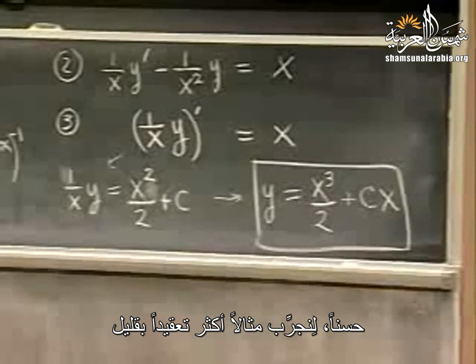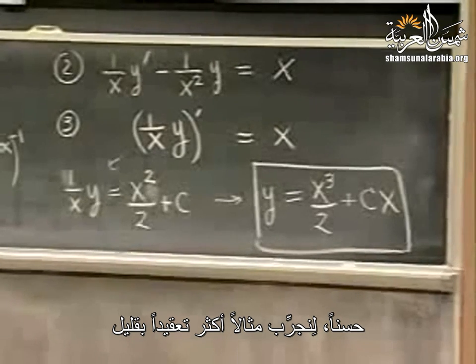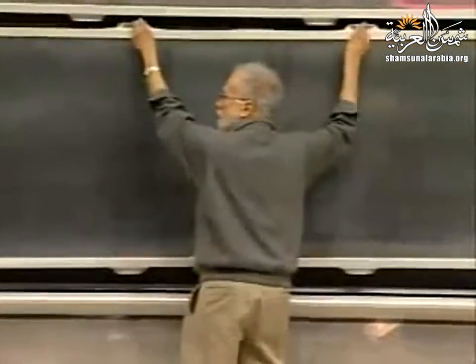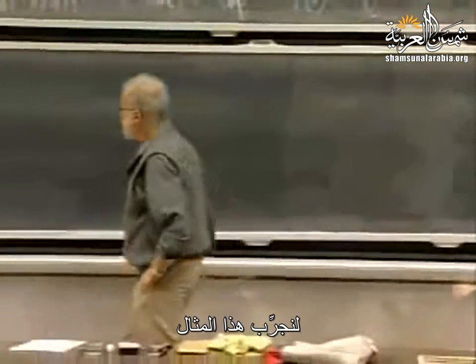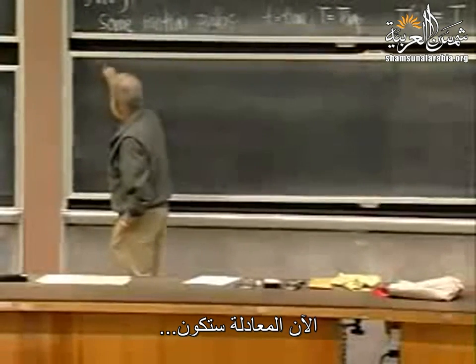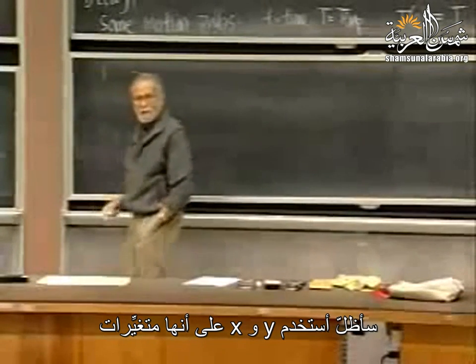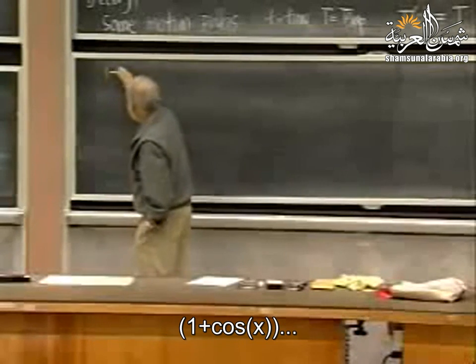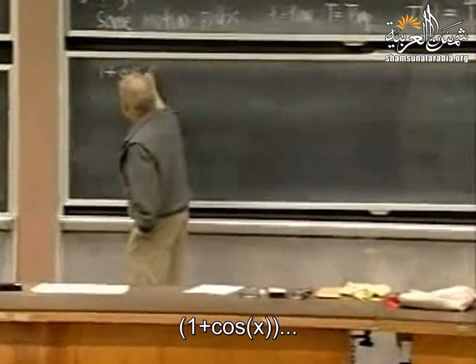Okay, let's do one a little slightly more complicated. Let's try this one. Now my equation is going to be, I'll still keep y and x as the variables. I'll use t in a minute or two. 1 plus cosine x.